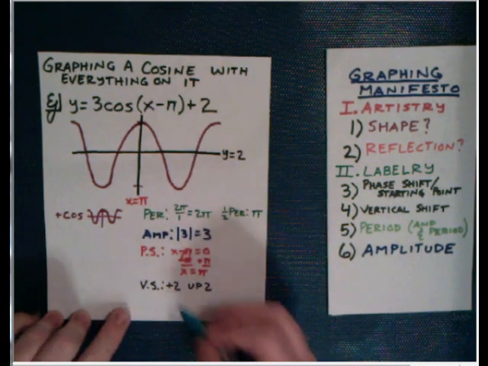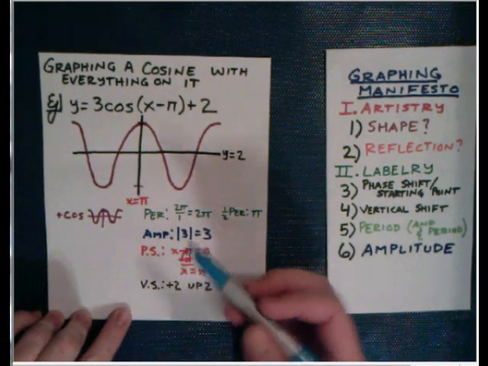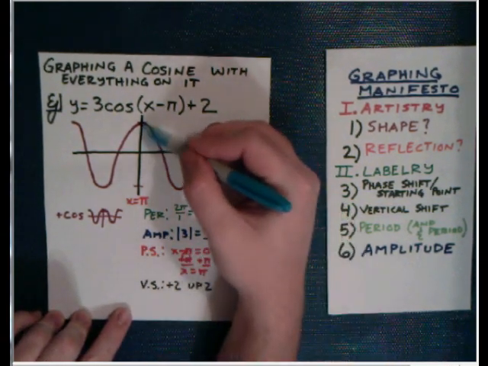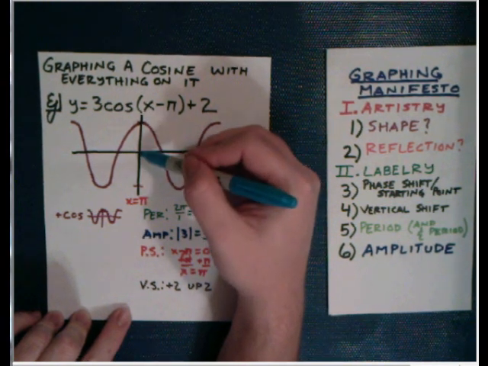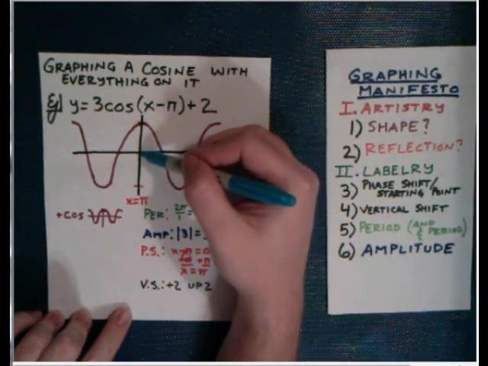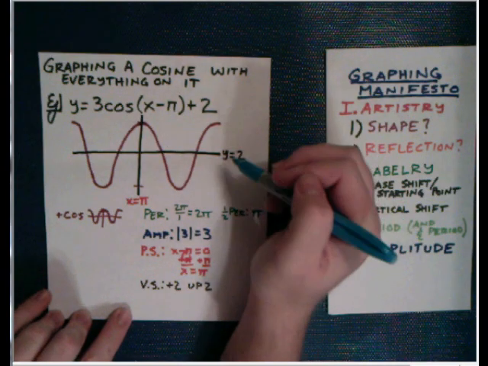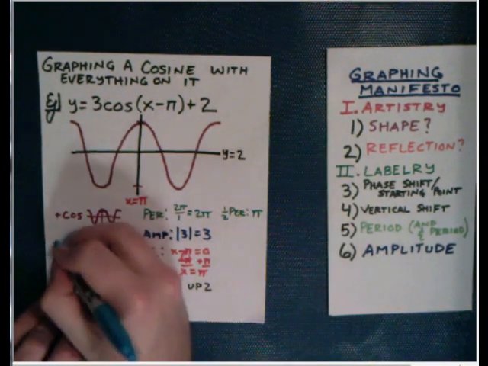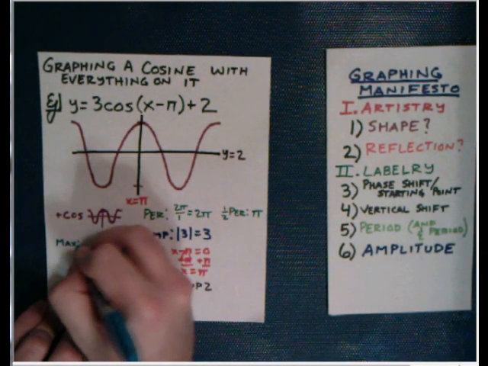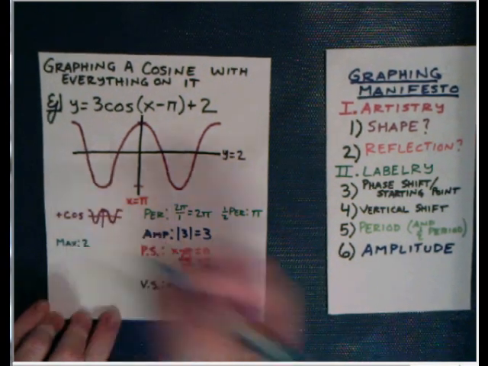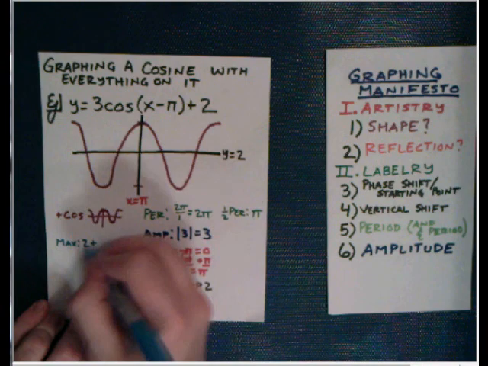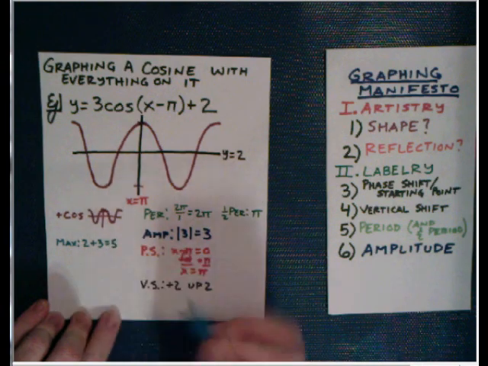So those will come because the amplitude is half the distance from the max to the min. So it's 3 units between the vertical shift line and the actual maximum. So in this case, if I want to find the max, I can find that by taking my vertical shift of +2 and adding my amplitude, which is 3, giving me a maximum value of 5.